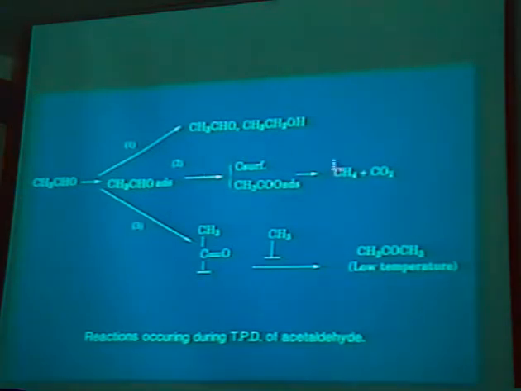These are then decomposed or hydrogenated to methane and CO2. And pathway 3: you form acyl species, which may be trapped by methyl species present on the catalyst, and then form acetone. So you can form either oxygenated species or methane and higher hydrocarbons on the surface of your catalyst, starting with acetaldehyde.